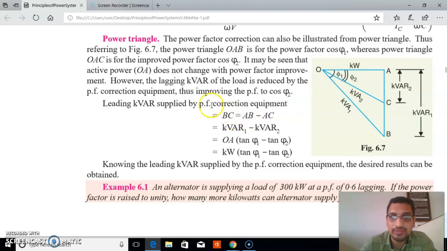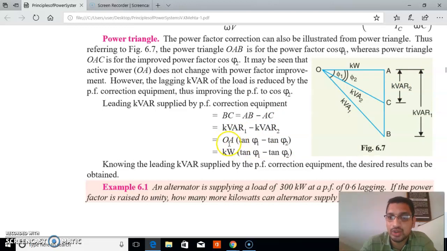The leading kVAR supplied by the correction equipment is equal to BC. So BC is the reactive component we supply by using the capacitor. From the triangle, BC equals AB minus AC. AB is equal to kVAR1 and AC is equal to kVAR2, so BC is kVAR1 minus kVAR2.